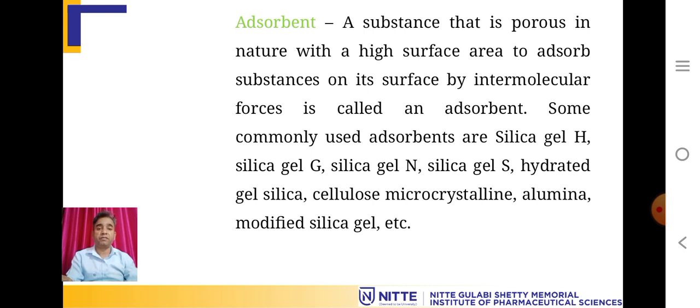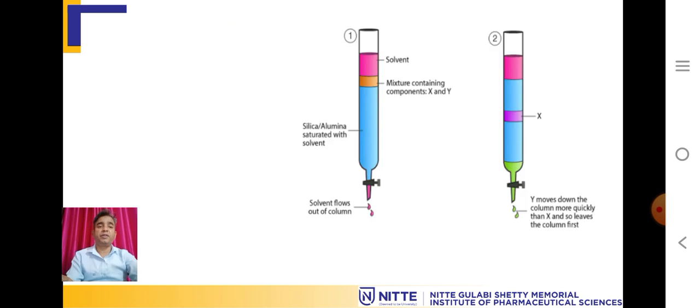So looking at the nature of the stationary phase, we choose it, or we modify the existing stationary phase to choose an adsorbent for a particular compound to get separation. Similarly, for the mobile phase, we prepare a proper mobile phase which has to be chosen.